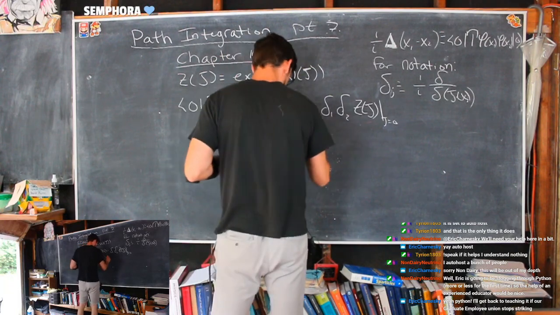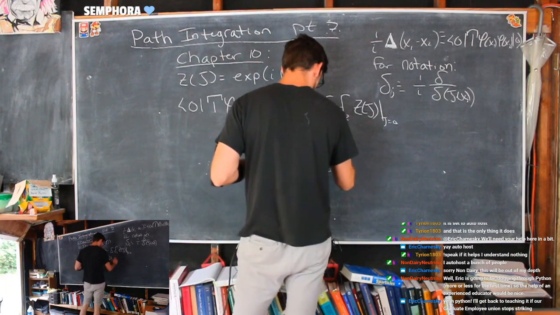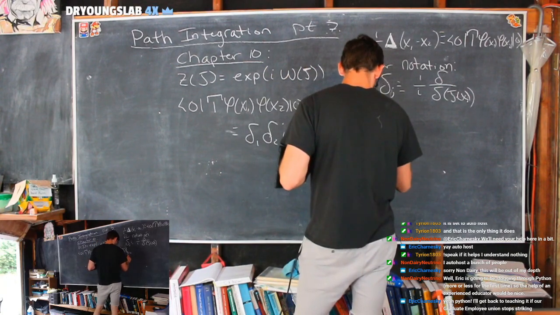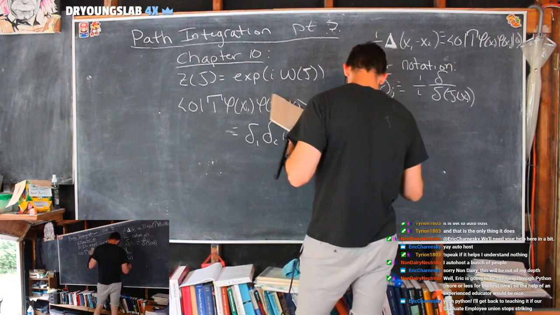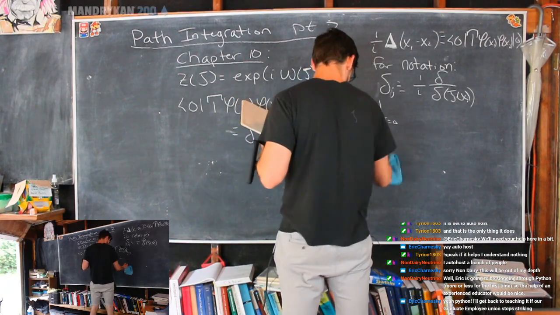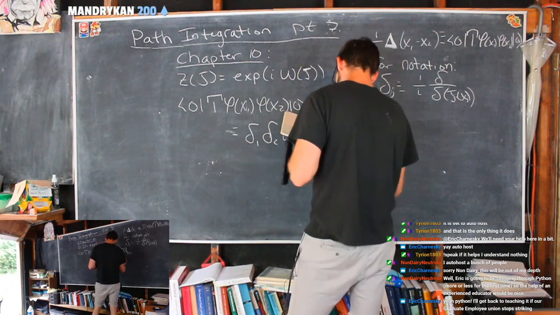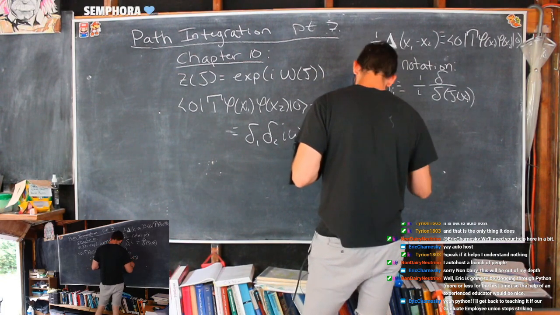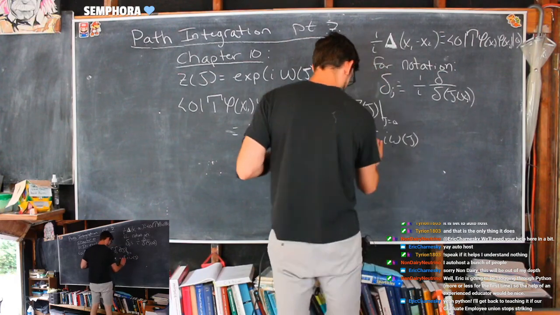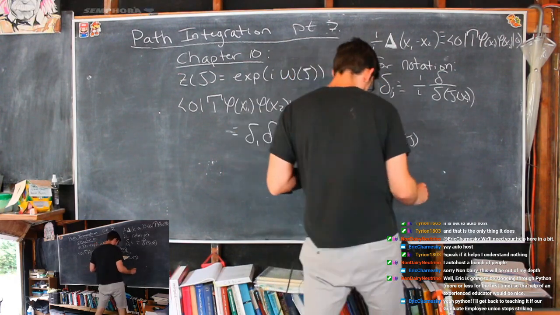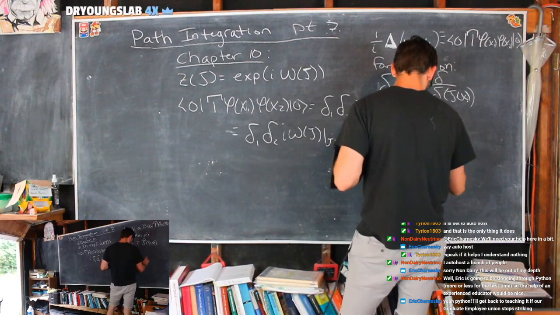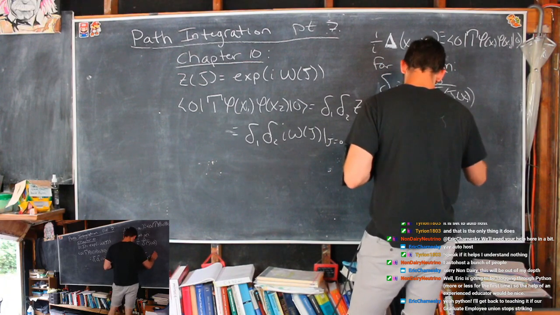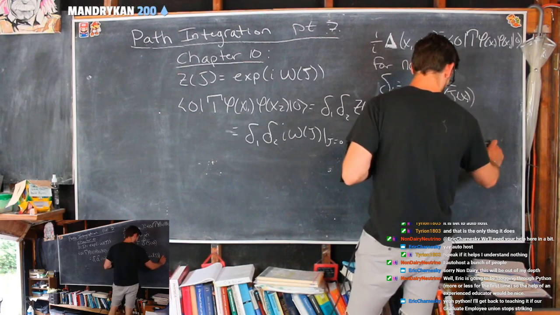iW of J evaluated at J equals 0, and then we'll have the chain rule, or whatever derivative rule this is. The functional derivative of 1 of iW of J evaluated at J equals 0 times the functional derivative of 2 of iW of J at J equals 0.